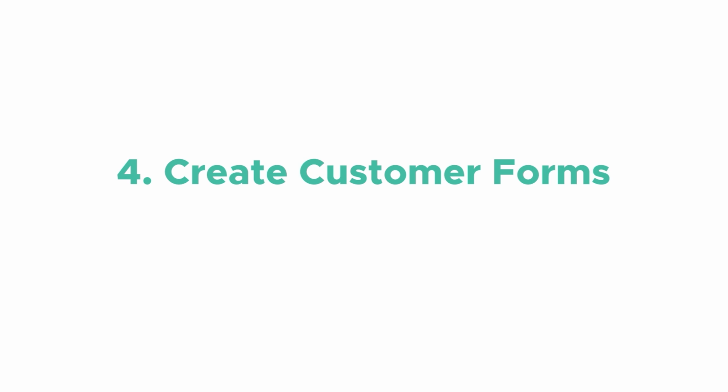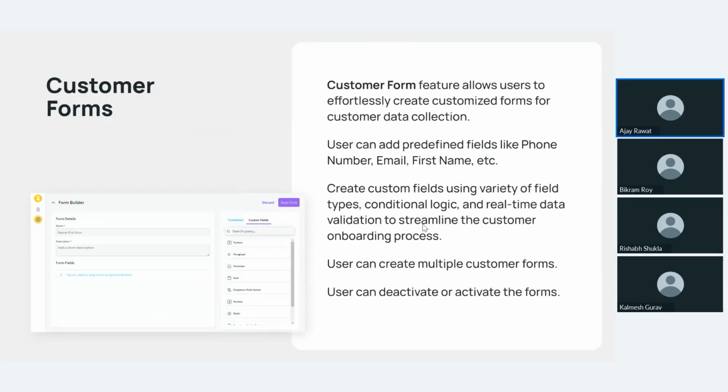Now moving to the customer forms. This customer form feature allows users to create customer forms as per their requirement. Currently there is a hard-coded form. If we talk about Zwing, when the cashier opens the create new customer form, there are some limited hard-coded fields that he needs to fill.